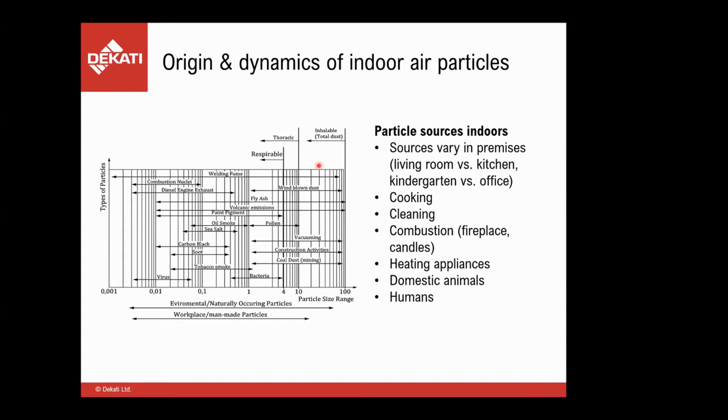And then when it's heated up, they can generate really high concentrations of very small particles. Then, of course, domestic animals and humans, our activity in general, generate aerosols into indoor environments.